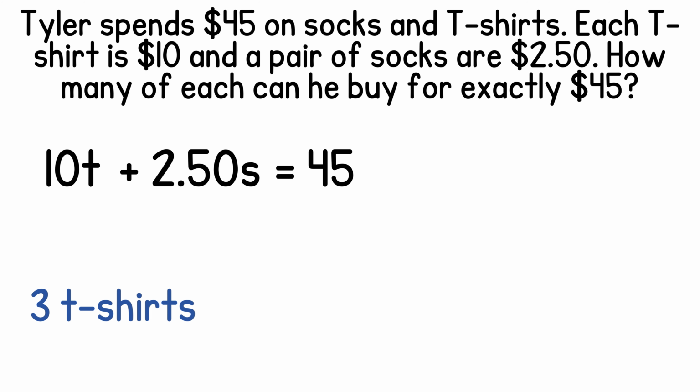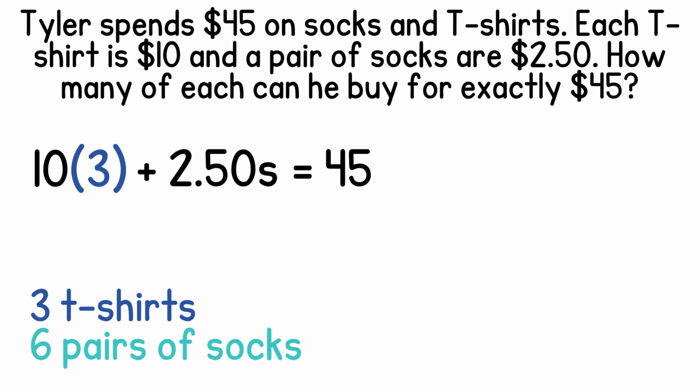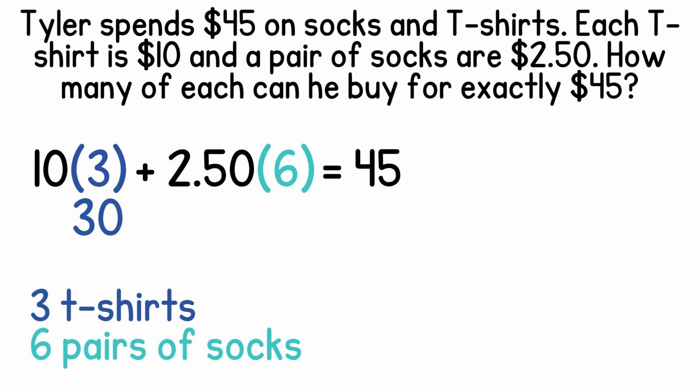One solution that might work is 3 t-shirts and 6 pairs of socks. Since if we replace t with 3 and s with 6, we'll get 30 by multiplying 10 times 3, and 15 by multiplying 2.50 times 6. And adding these will give us exactly the $45 that he wanted to spend.